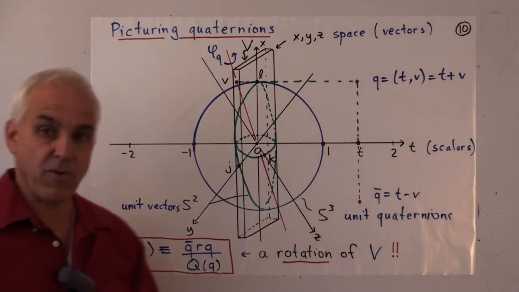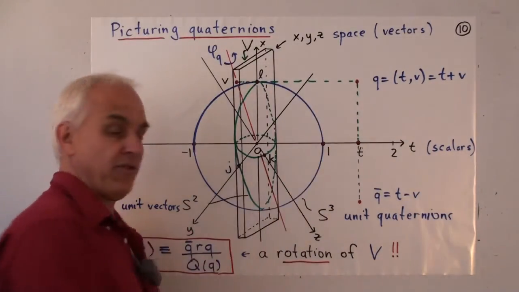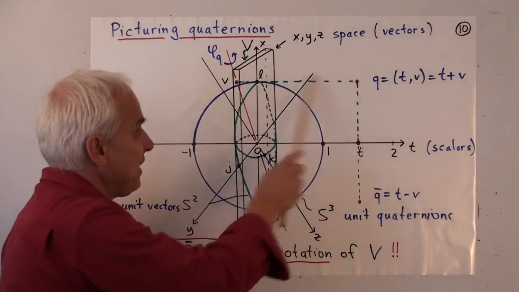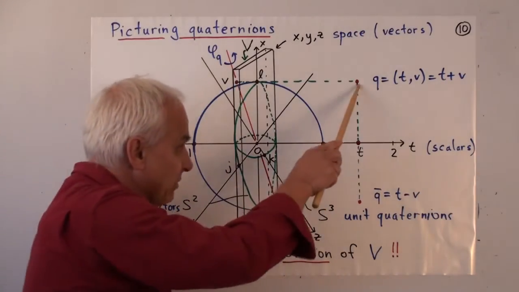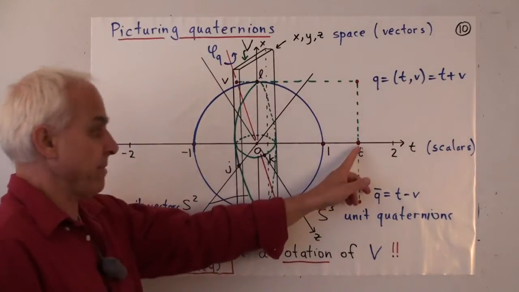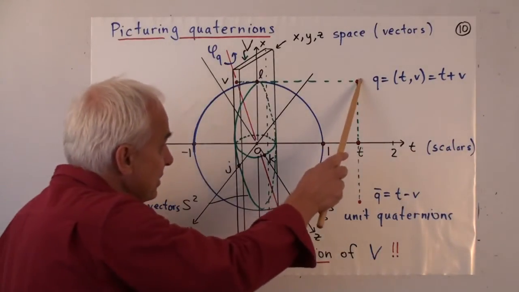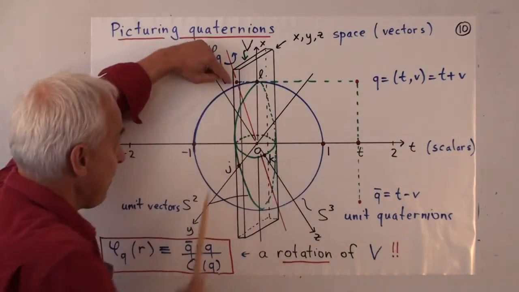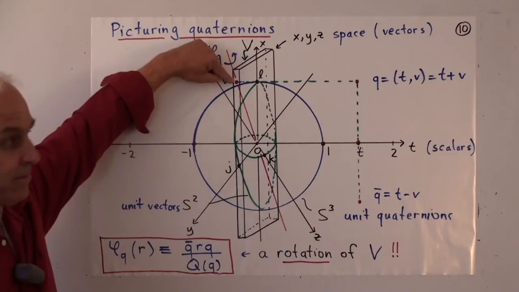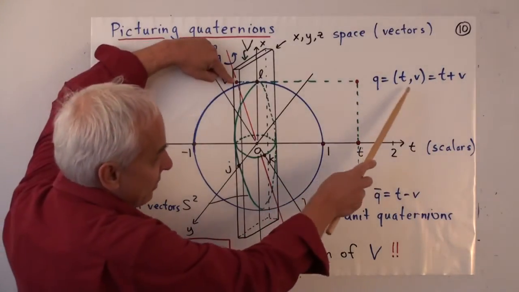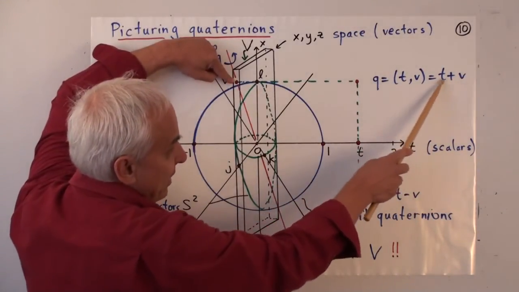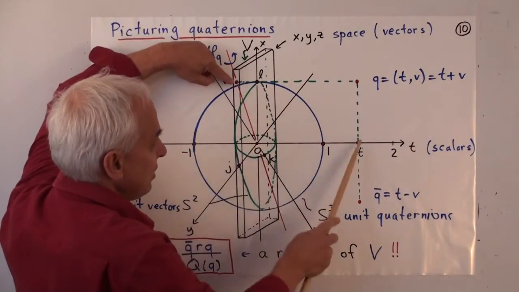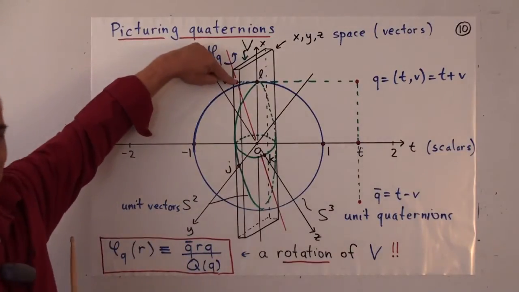All right, so an arbitrary quaternion, say Q, out here somewhere, has a T component, and it has a V component. If we project perpendicularly onto the scalar direction, we get some number, that's T. And if we project perpendicularly onto this three-dimensional plane here, we get some vector V. And so Q, which we can write as T plus V, has a scalar and a vector part corresponding to these projected points T and the vector V up here.